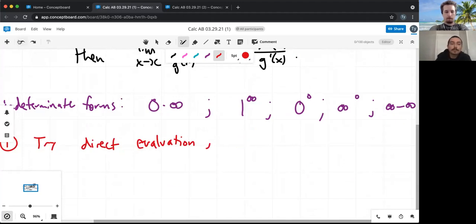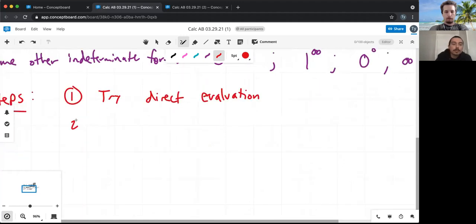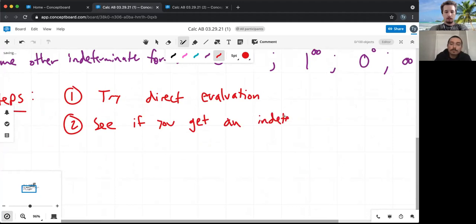Let me put this below. Your second step is going to be see if you get an indeterminate form. Or you might just get the solution.